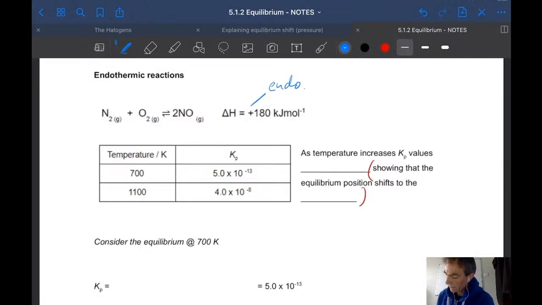So let's have a look at what's happening here. As the temperature is increasing, so we're going from 700 to 1100 Kelvin, what's happening to Kp? It's gone from 5 times 10 to the minus 13 to 4 times 10 to the minus 8. So in other words, the Kp value increases now.